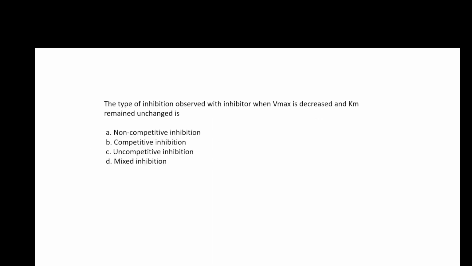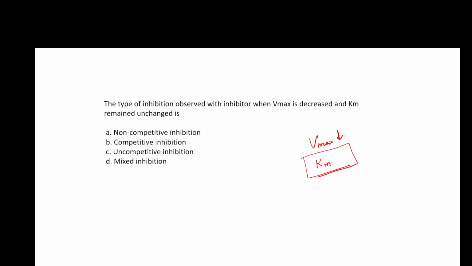So if we see the question: inhibition of succinate dehydrogenase by malonate is an example of, we just now talked that succinate dehydrogenase is inhibited by malonate, which is a structural analog of its original substrate succinate. So it is a competitive inhibition. Next, we have the type of inhibition observed with inhibitor when Vmax is decreased and Km remains unchanged.